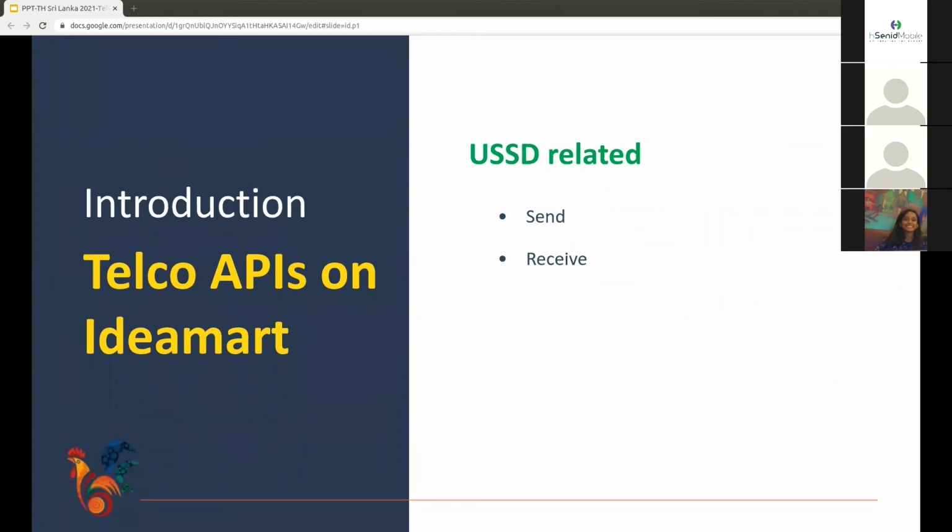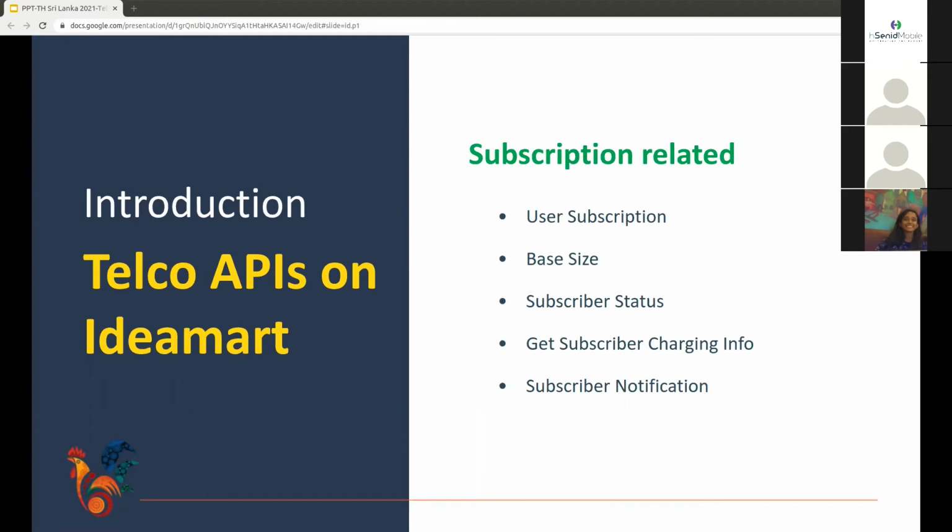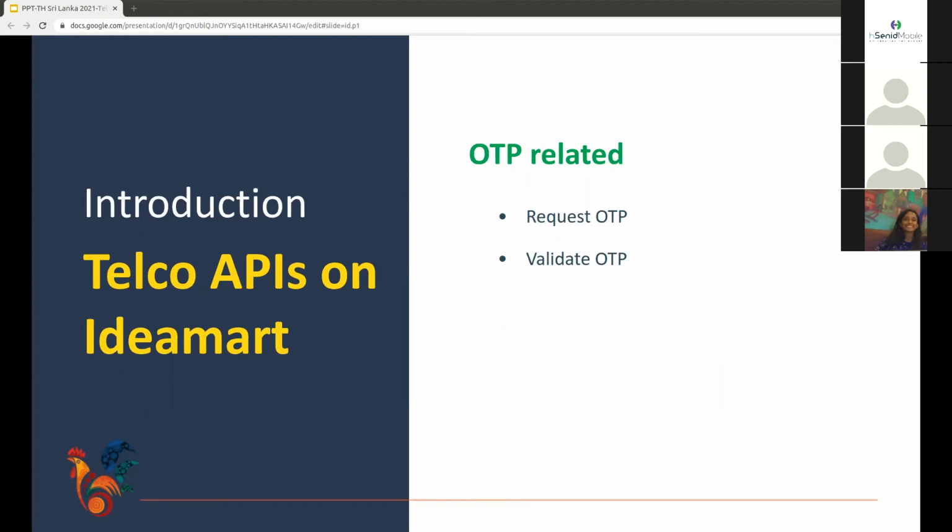Under USSD, there's send and receive, and subscription has user subscription, base size, subscriber status, get subscriber charging info, and subscriber notification. Under OTP, request OTP and validate OTP. For location based services, that's locate. And IVR related methods to get a simple IVR menu or a single audio service.